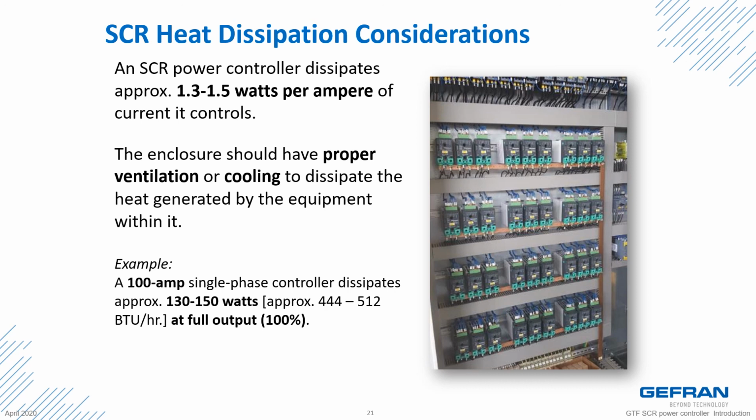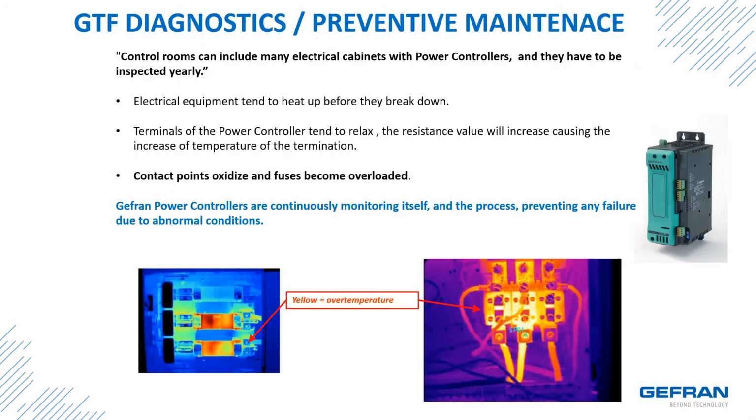So looking at the picture here for this installation, for 36 power controllers, if they're all driving their output at 100 amps, this would equate to approximately 18,000 BTUs per hour.